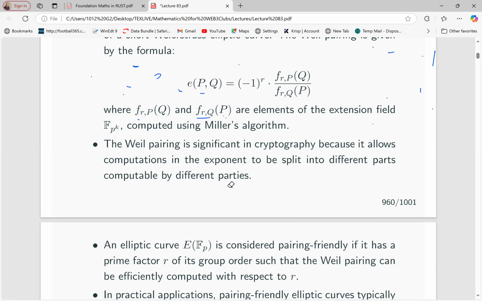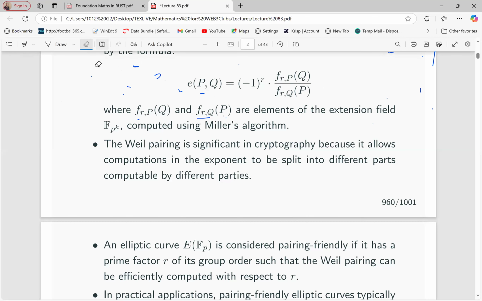I've said it's possible to do this Weil pairing because it will allow us to do computations on exponents by splitting the exponents. So when you split the exponents, you are able to speed up computation.